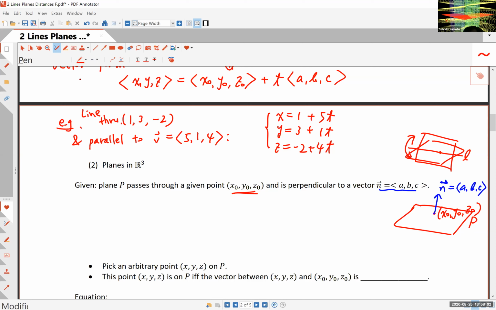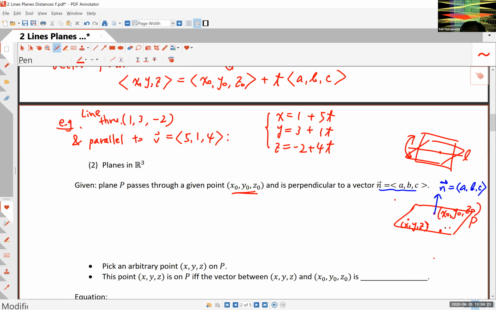We're going to do the same thing. Okay. This point XYZ is fortunate enough to be eligible to be on the plane. In fact, it is. So is this and this and this. But the point here is not on the plane. Point here is not on the plane. What makes this arbitrary point XYZ so special?